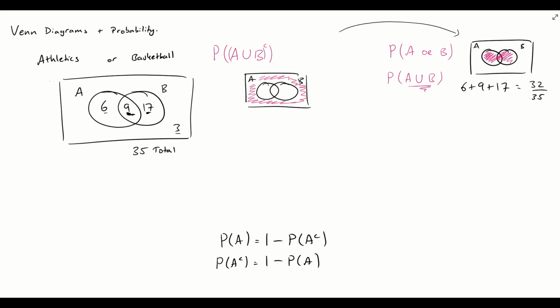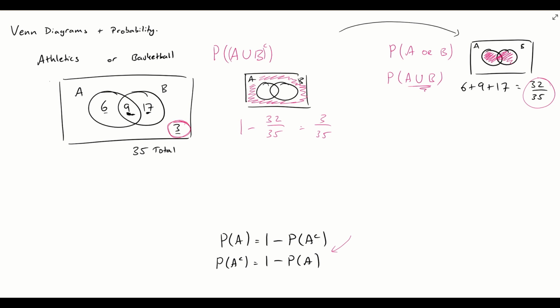We could read it straight off of our data set over here as 3, or we could do 1 minus 32 out of 35, using our new complement formulas down here. That is equal to 3 out of 35, the exact same as what we would have got over this side.